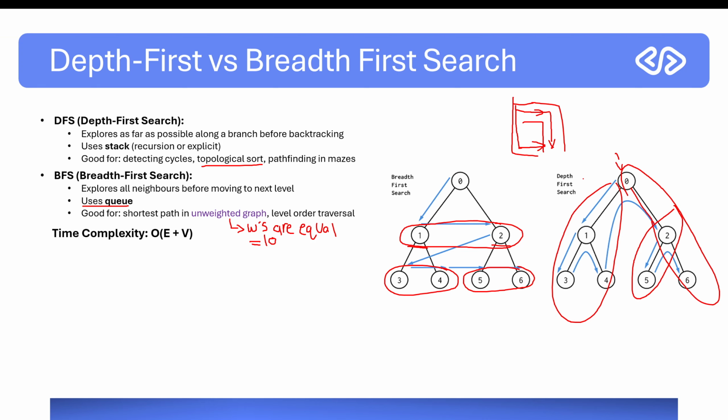Once we hit the level that we're trying to get to, then that's the shortest path. And if all the weights are equal, you can show that the weights don't matter. But yes, you can use breadth first search in an unweighted graph, or in a weighted graph where all the weights are equal and 10.